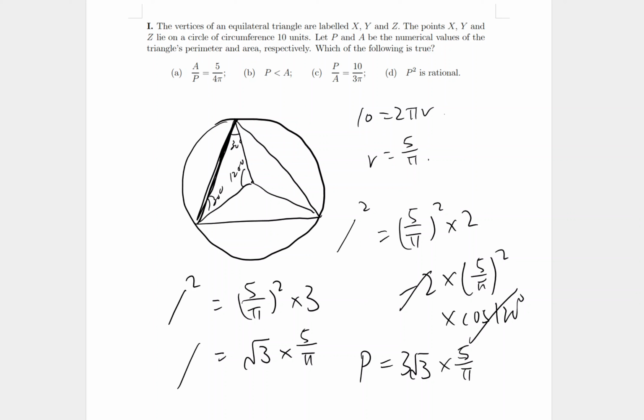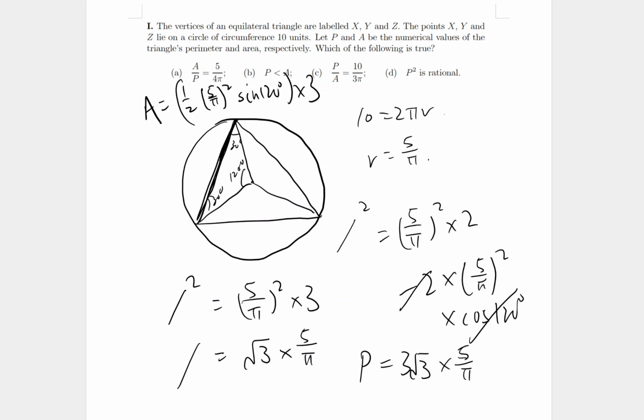How about the area? Area is a half ab sine C, right? So A equals a half times ab, again the two radii, times sine 120, and we have to times that by 3. What is sine of 120?